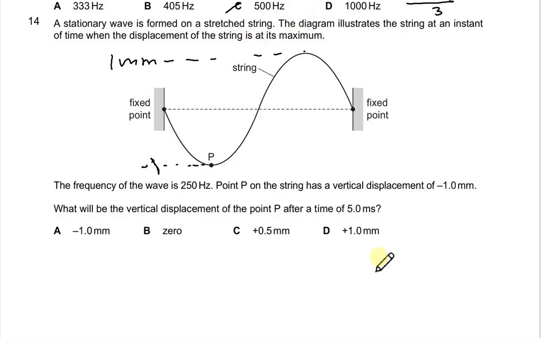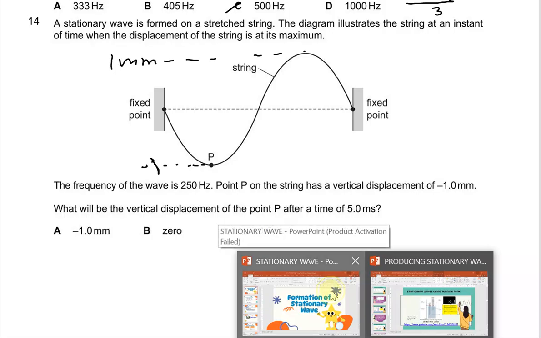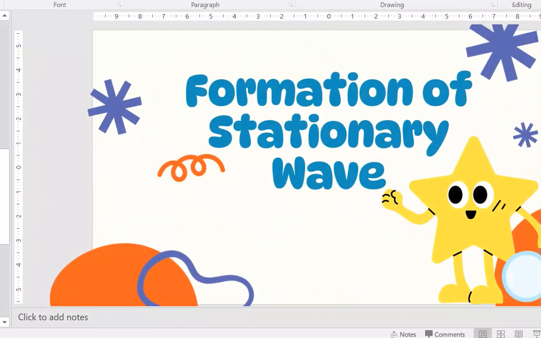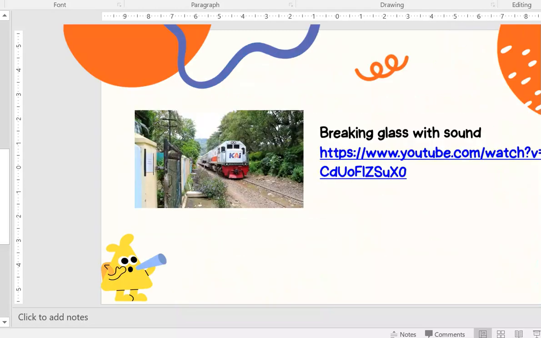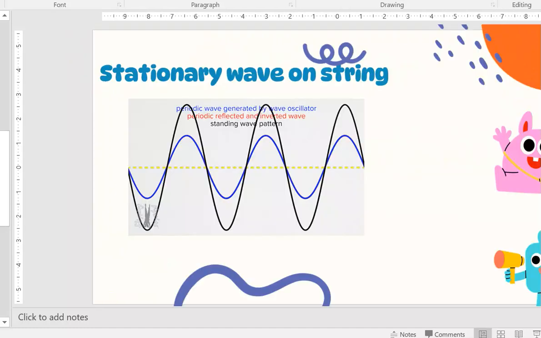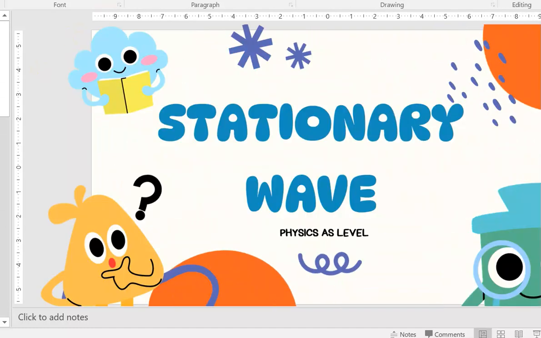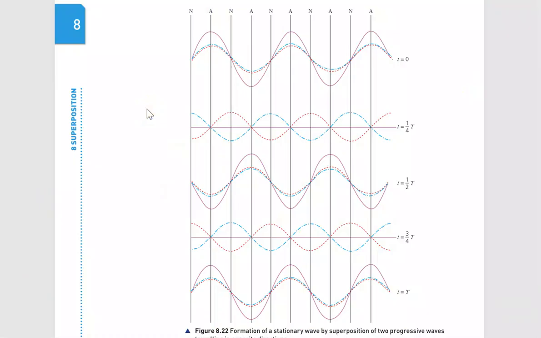Recall again how the stationary wave forms. Look at the dashed line where the incoming wave and the reflection are overlapped in this instant.